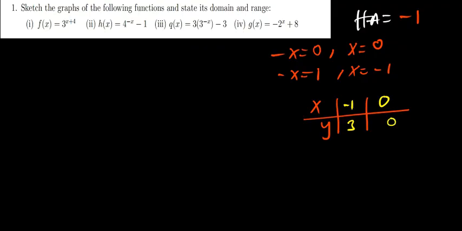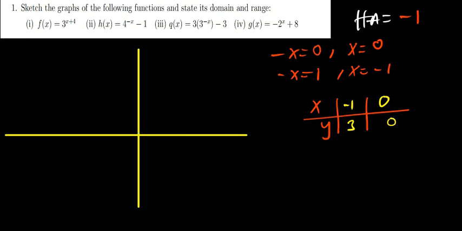After doing this, I can now come up with my graph. My horizontal asymptote is at negative 1. I'll put negative 1 here and cut a line.